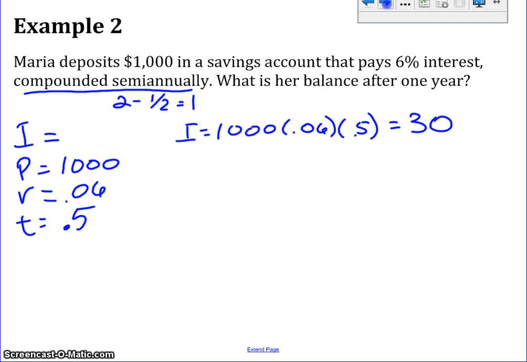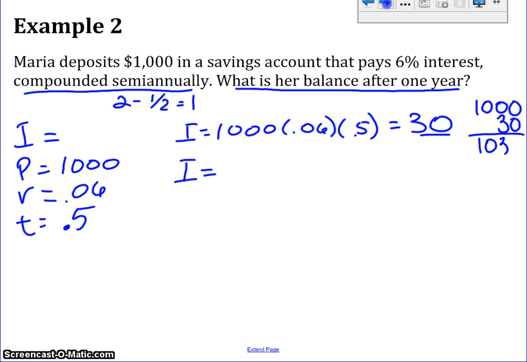Now here's the key of where compound interest works. We're 6 months into this 1 year account. That $30 is going to post to the account, and you now have a new equation because it's asking for the balance after 1 year, not after 6 months. So we're going to add the 1,000 and the $30 that we just earned.